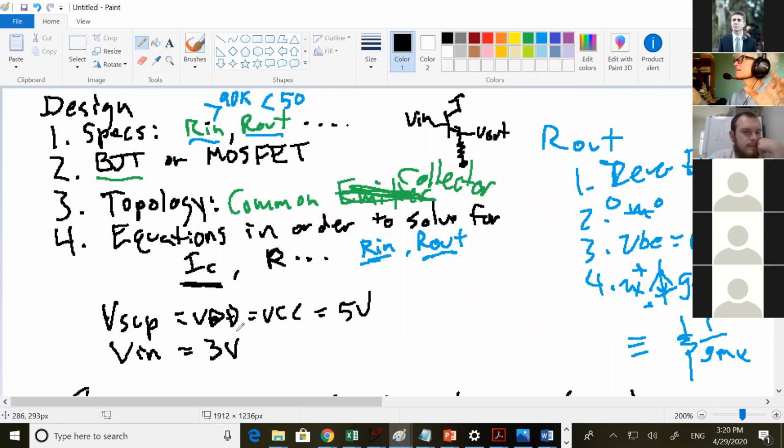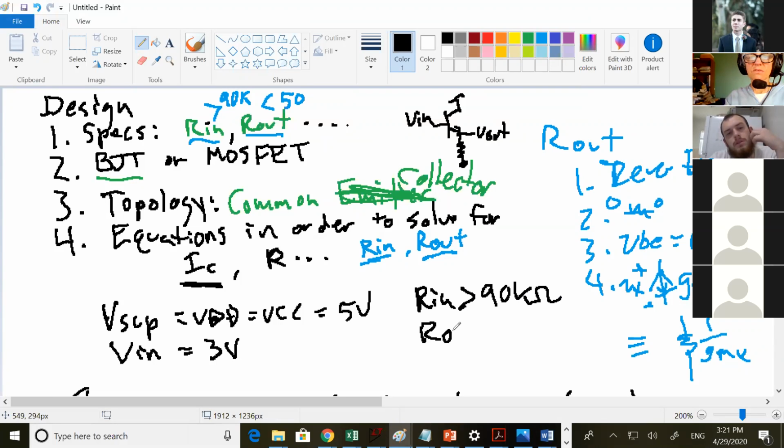So let's say you're connecting it up to a common emitter. The common emitter output sits at 3 volts when it's just biased, so that's going to be your input. You want an R in greater than 90K, and an R out less than 50 ohms. Not 50K ohms, 50 ohms. Okay, so those are your specs.